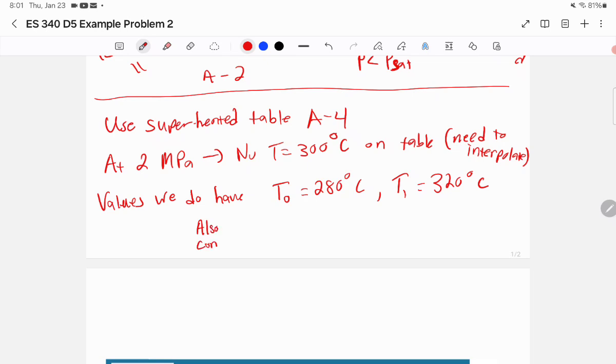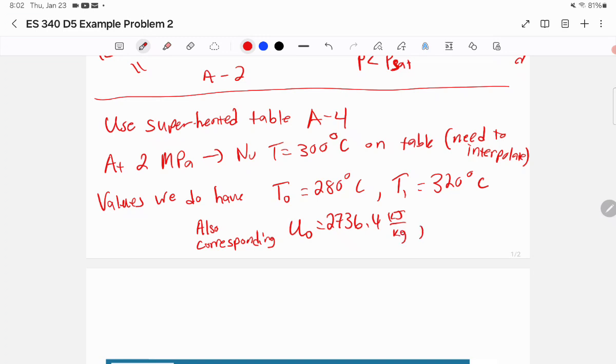Also, corresponding, we also know U naught, which we can look right on the table. If you go right across from the T naught, you'll find U naught, and that one was equal to 2736.4 kilojoules per kilogram.